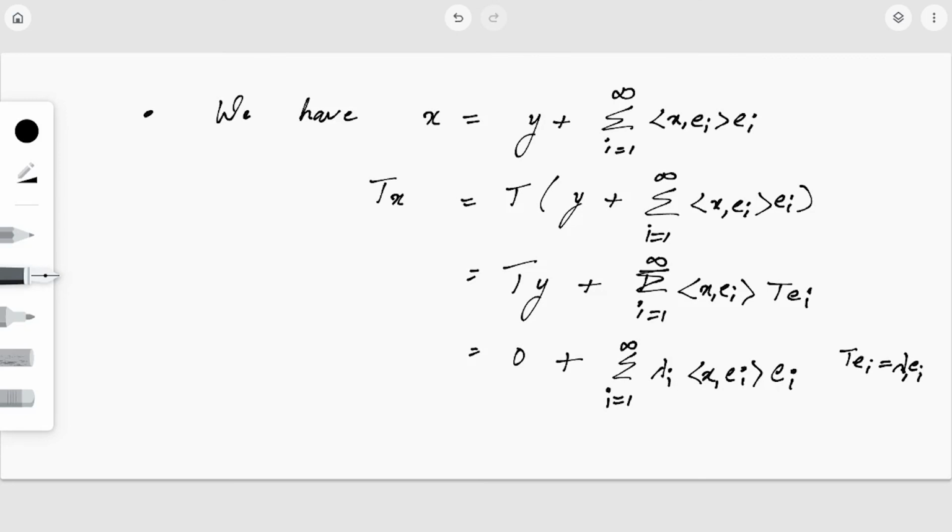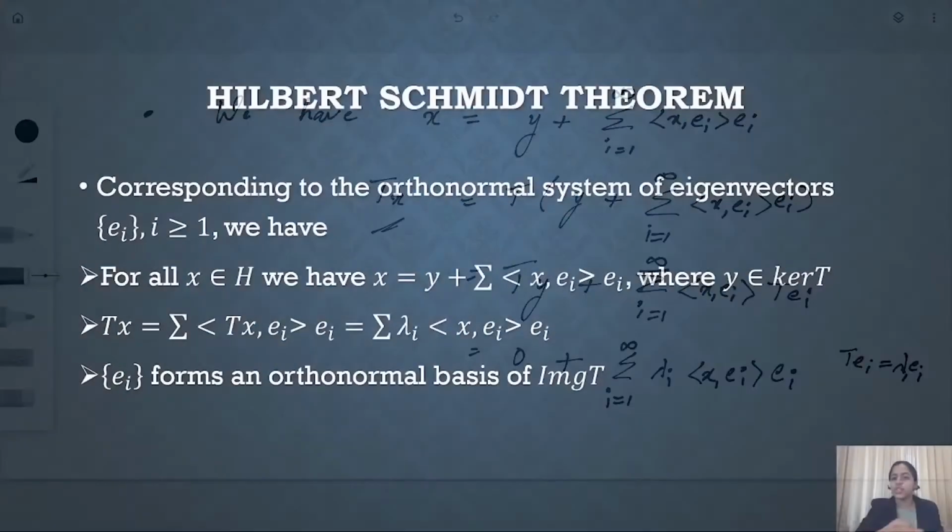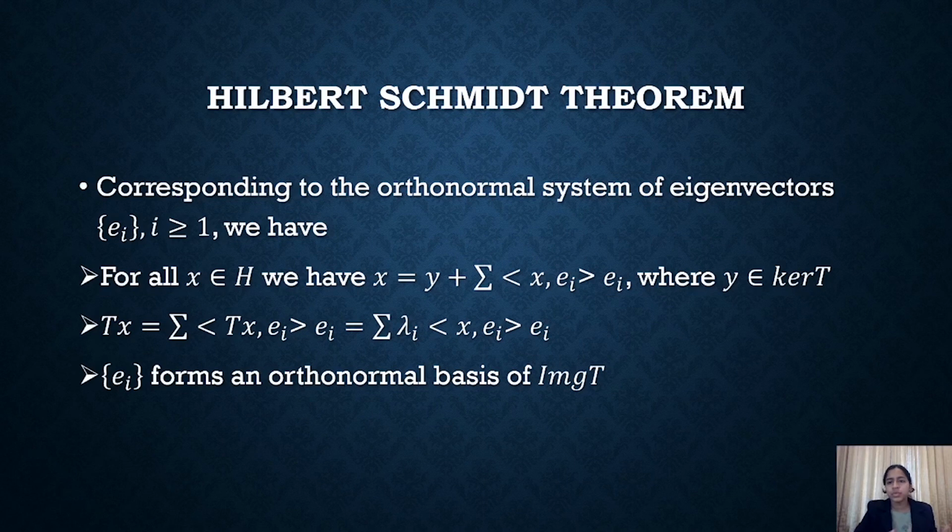Now, as any element in the image of T is expressed as a linear combination of the set of ei's, that is, the eigenvectors, we can say the third point also, that is, the set of eigenvectors forms an orthonormal basis of the image of T, right? So I hope the proof of this Hilbert-Schmidt theorem is clear.